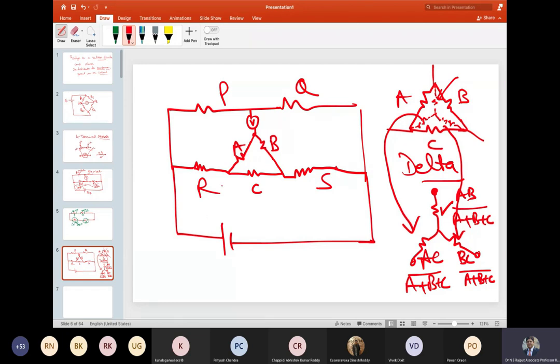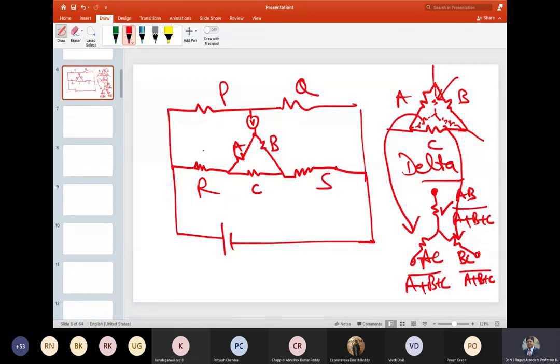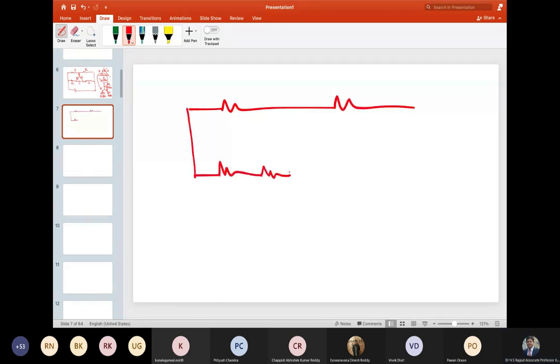So what will happen in Kelvin's double bridge, when you resolve it in that style, you will get this star connection, which are equivalent resistances as we had discussed.